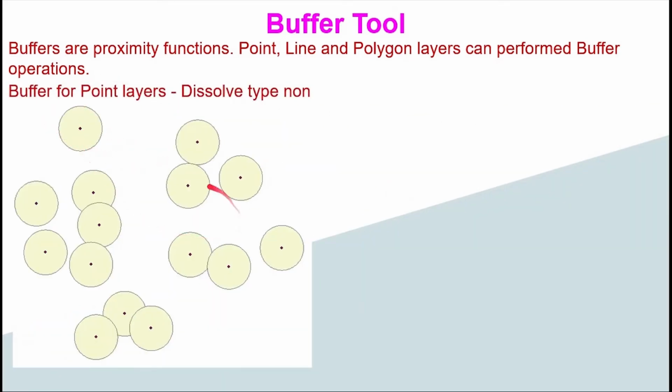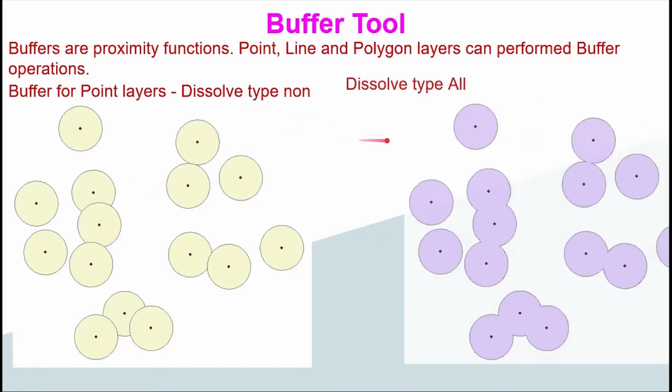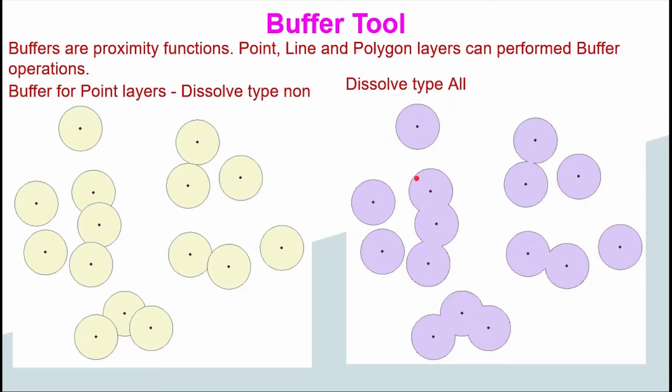This is an example of point buffer. You can see some areas have overlap. To avoid this overlap, we can use dissolve type as all. It will create a smooth buffer without overlap area.